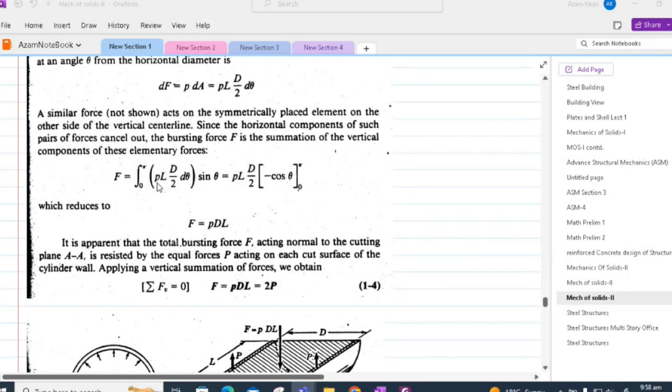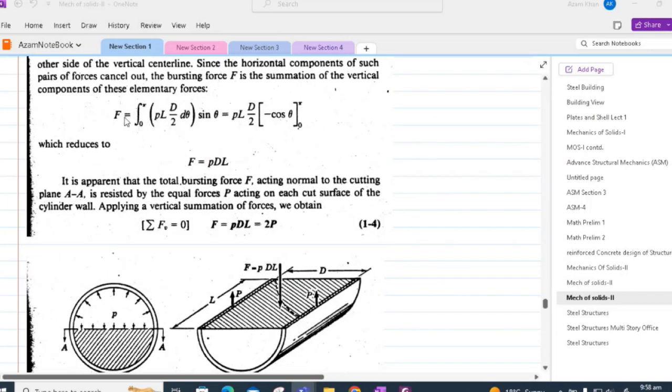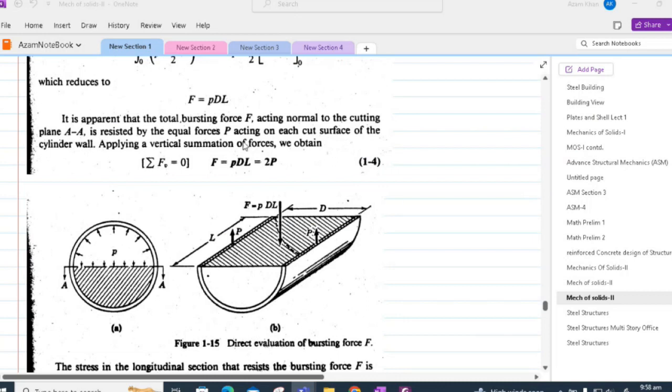So small p times L d/2 dθ times sine theta, and if we integrate this along the semicircle, which is 0 to pi, we will get the force F equal to small p d times L, where d is the diameter of the vessel and L is the longitudinal length of the vessel.